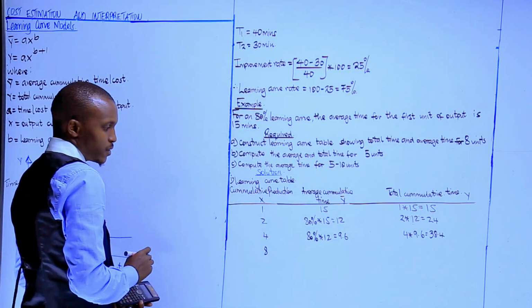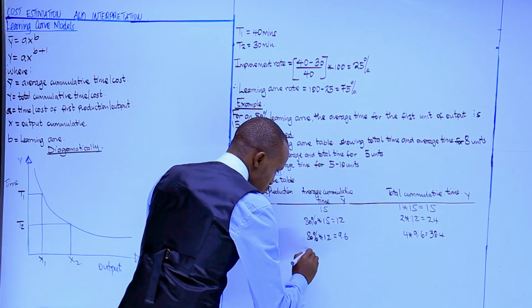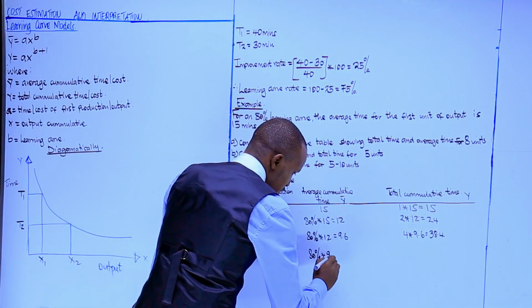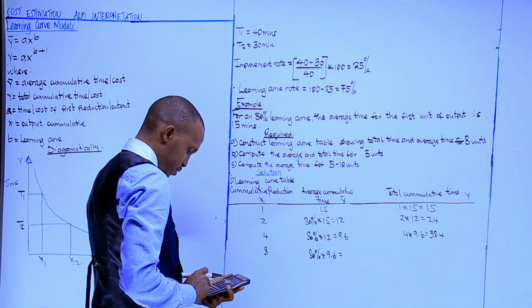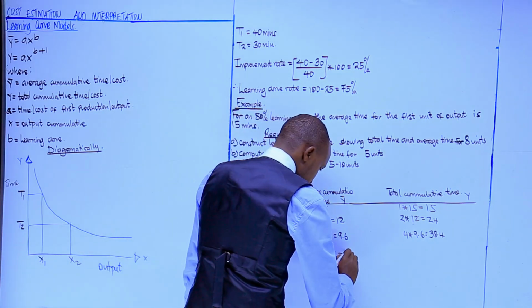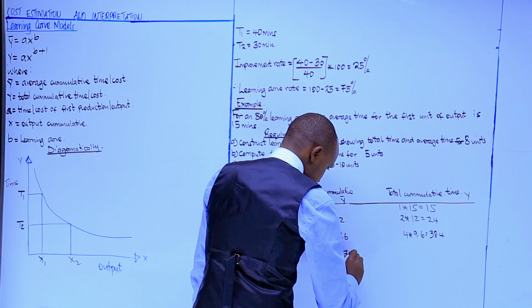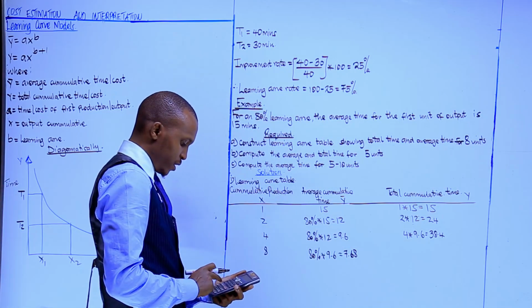The first 8 units: 80% times 9.6 is 7.68.